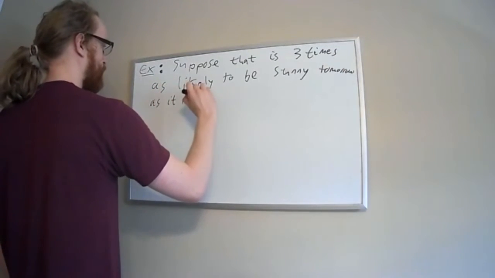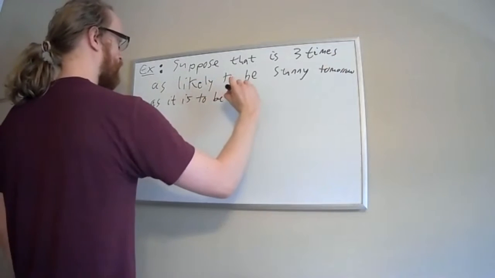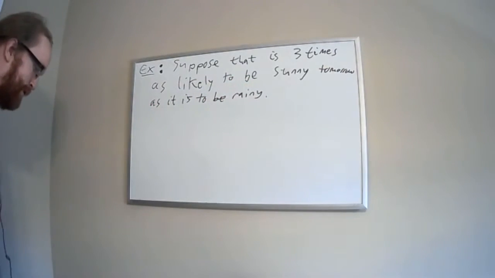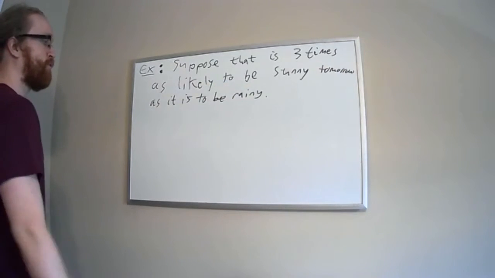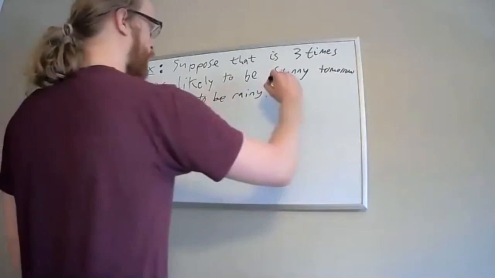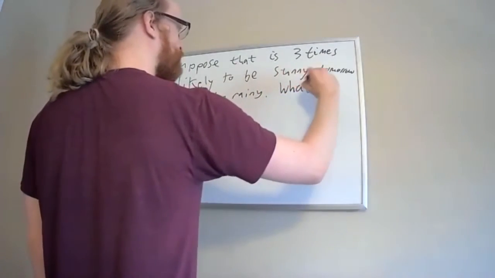I don't know if that's the grammatically correct way to write this, but good enough. So we'll suppose that tomorrow it's 3 times as likely to be sunny as it is to be rainy. So what is the probability of each one?